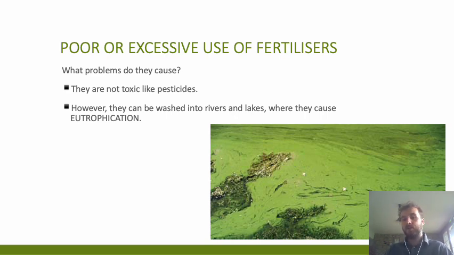So if a lot of nitrogen or phosphorus fertilizer finds itself in a lake, for example, it can cause a massive growth of algae, and like you can see in this picture, what we call eutrophication, and then everything else basically will die because the light will not get through this mass of algae, and everything under it will die. So this is a problem that sometimes happens, and that is quite dramatic.